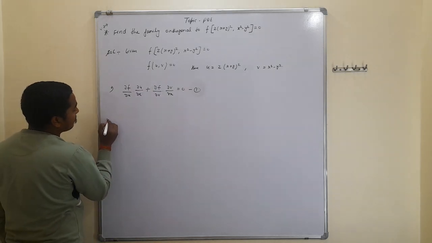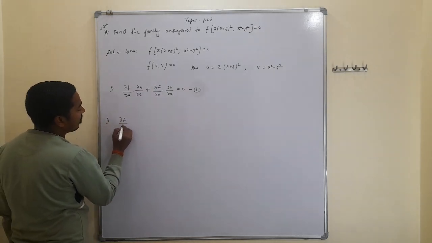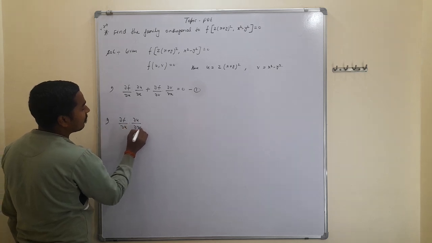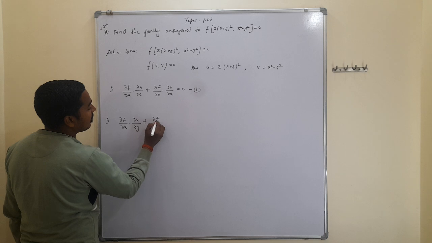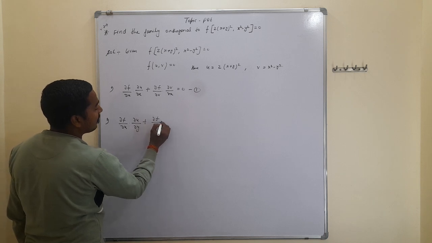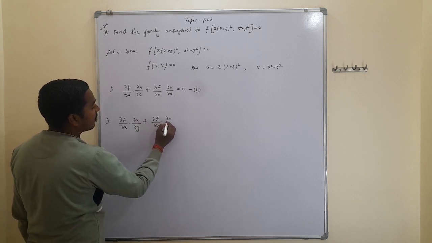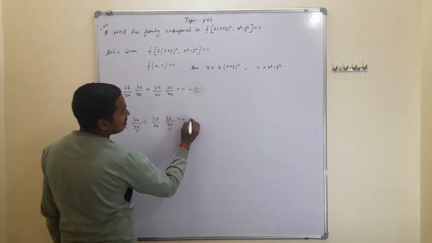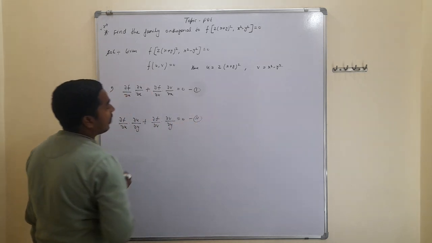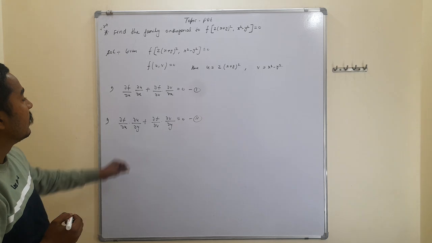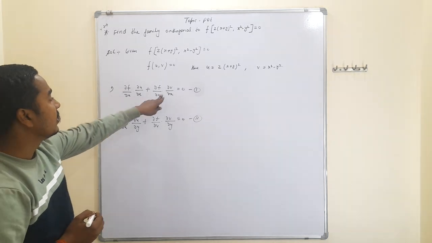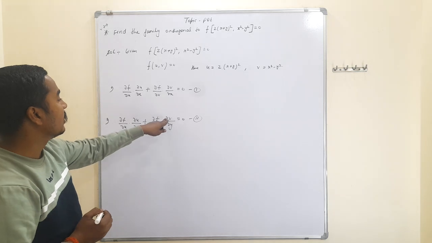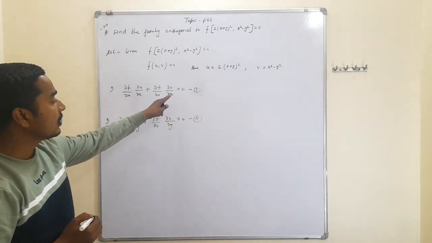This is written as del f upon del u into del u upon del y plus del f upon del v into del v upon del y is equal to 0. This is equation 2, and we have to find the values of del u upon del x, del v upon del x, del u upon del y, and del v upon del y, and put them in equations 1 and 2.